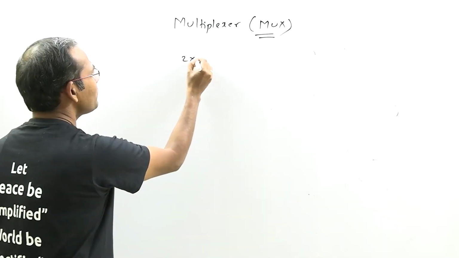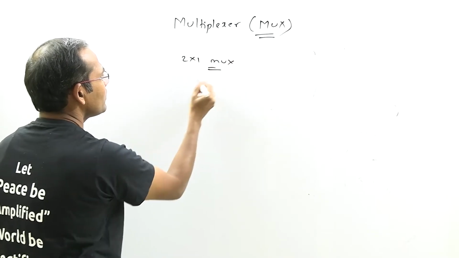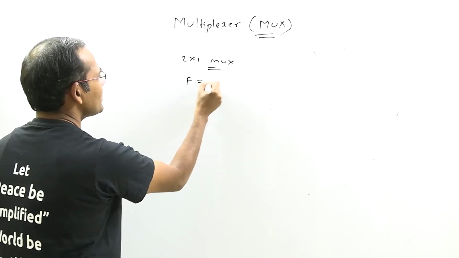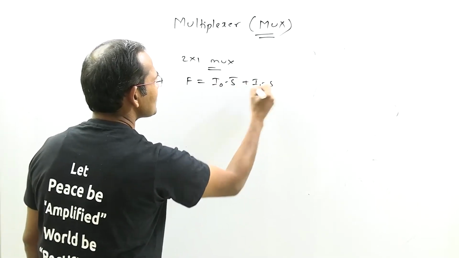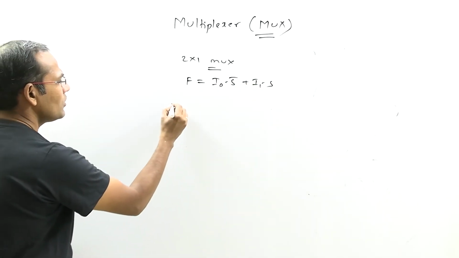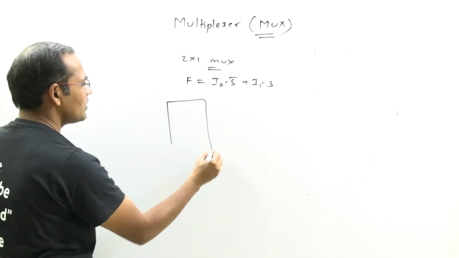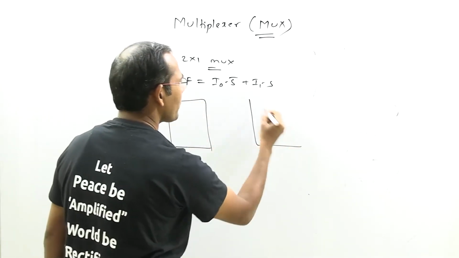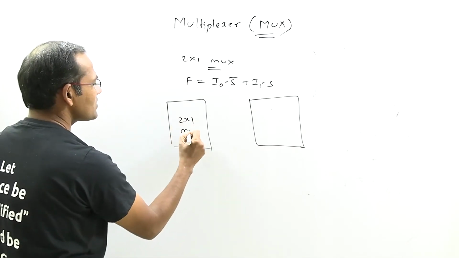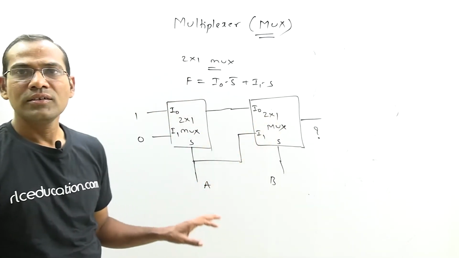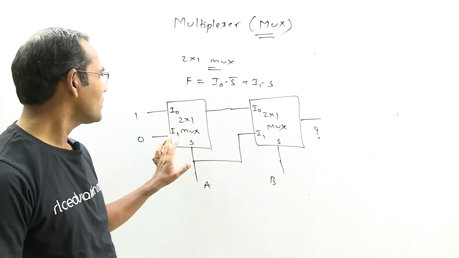In a 2x1 multiplexer, the expression is I0 into S bar plus I1 into S. Let us take one problem.